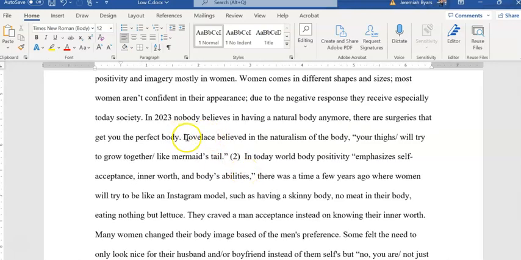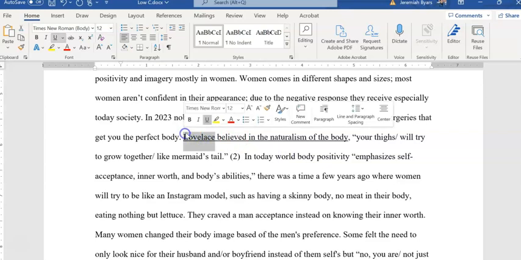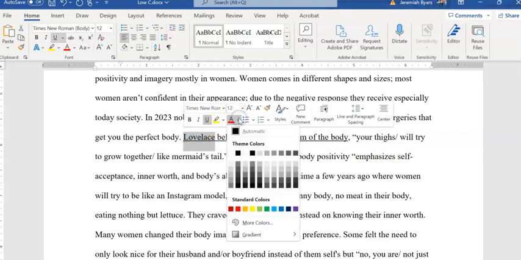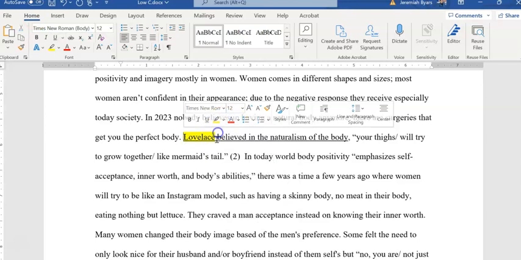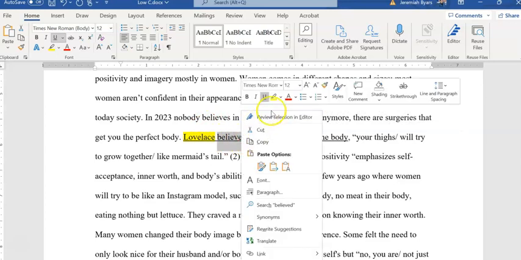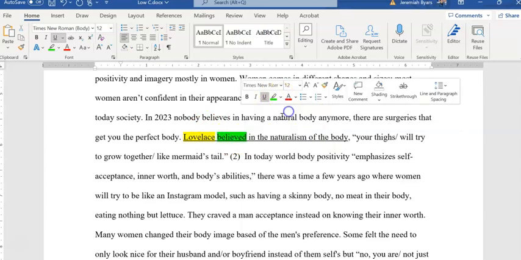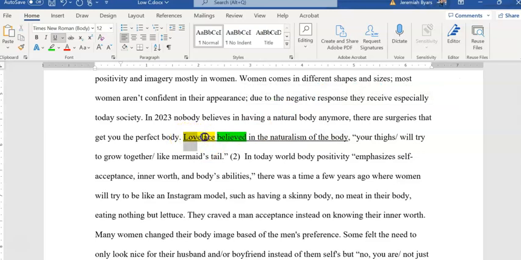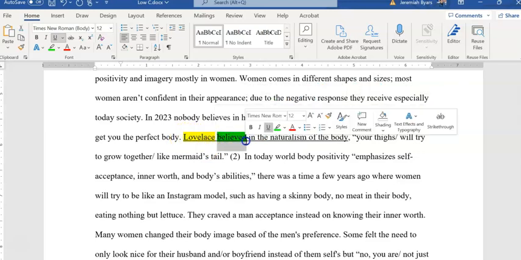For one, Lovelace believed in the naturalism of the body. This is a complete sentence. We have our noun, which is required. We have our verb, which is considered the predicate. So we have the subject, which is a noun, performs a verb, which is our predicate.